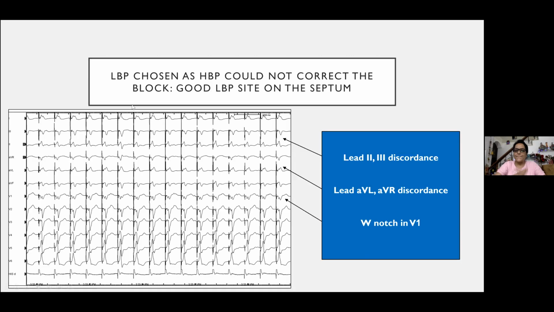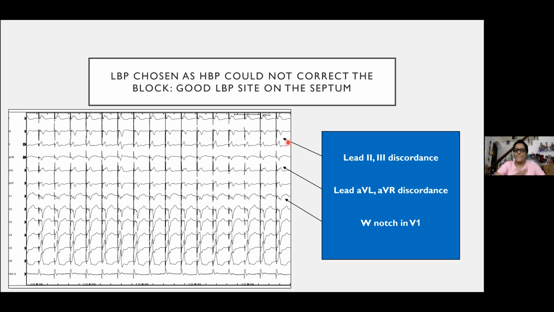Left bundle pacing was chosen because the his bundle could not correct the block, and a good site was chosen on the septum. As you can see, all the characteristic features of a good site are here. Let me just take my pointer. We see a discordance in leads 2, 3, and a discordance in AVL, AVR. These are good signs that we are opposing the his bundle and where the his bundle bifurcates.